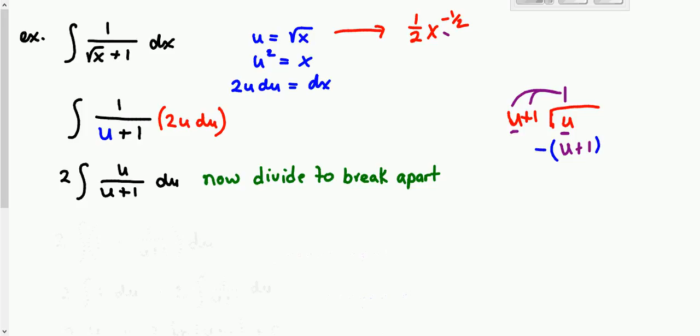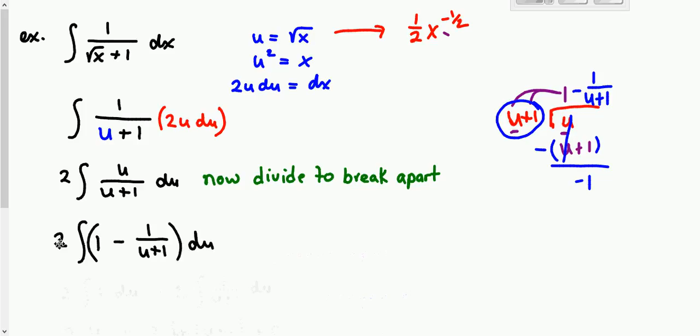So both of those are subtracting, so the u's cancel, and then we get minus 1. So this is minus 1 over, our remainder is over what we divided by, and we divided by u plus 1. Okay, so we put that back in here, so we have a 2 out front of our integral, and we take what we got, 1 minus 1 over u plus 1 du.